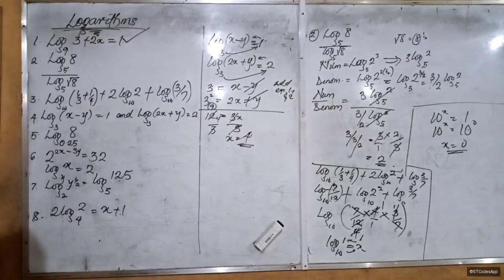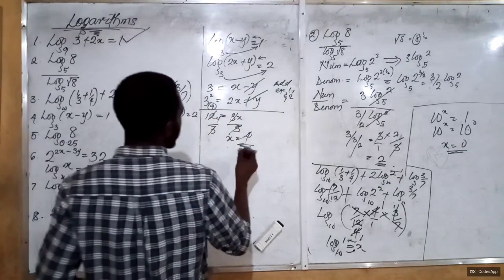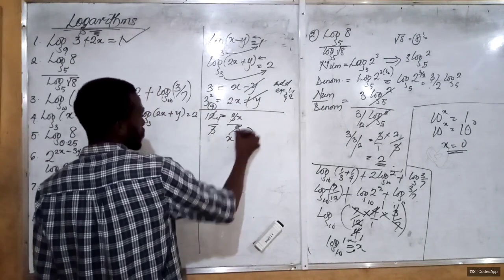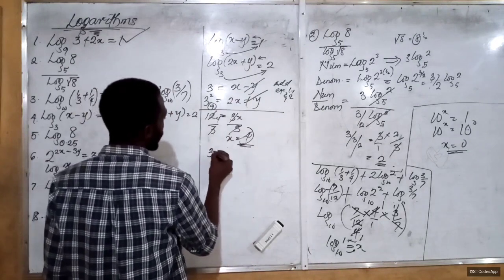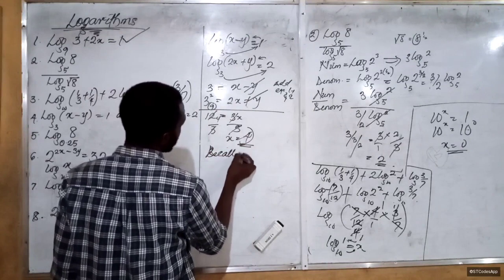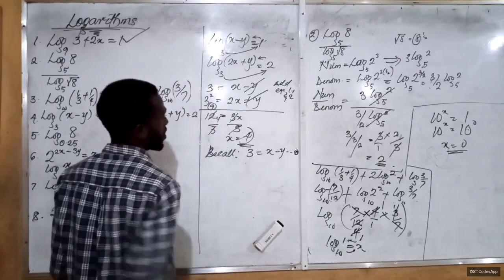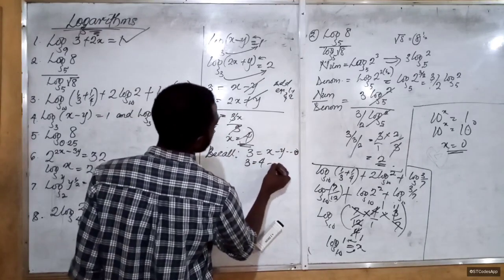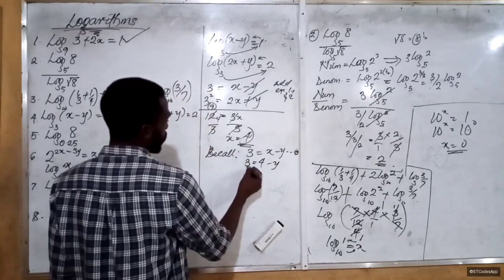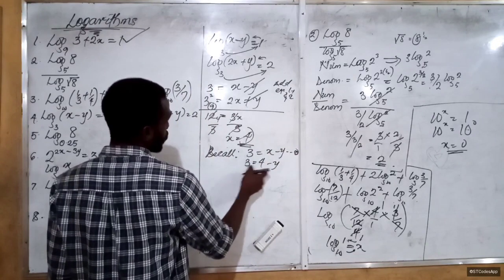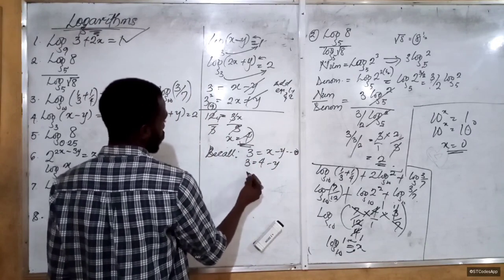So we have to find x and y. If we want to find y, we simply substitute. So recall that 3 is equal to x minus y in equation 1. And x is now 4. So we have 3 is equal to 4 minus y. So what would we subtract from 4 to give us 3? That is 1 basically.